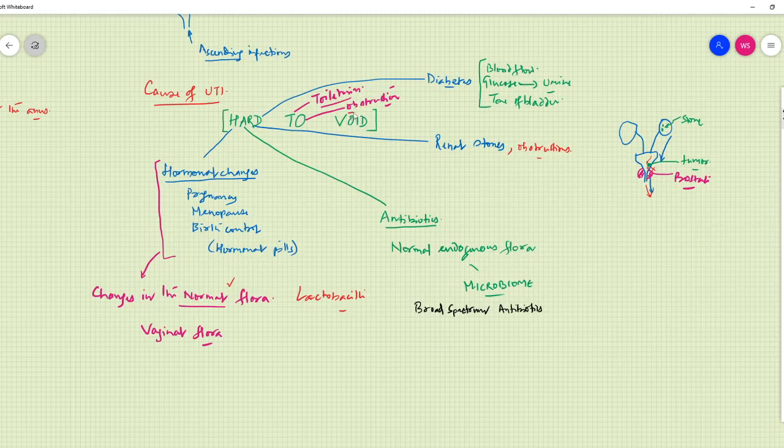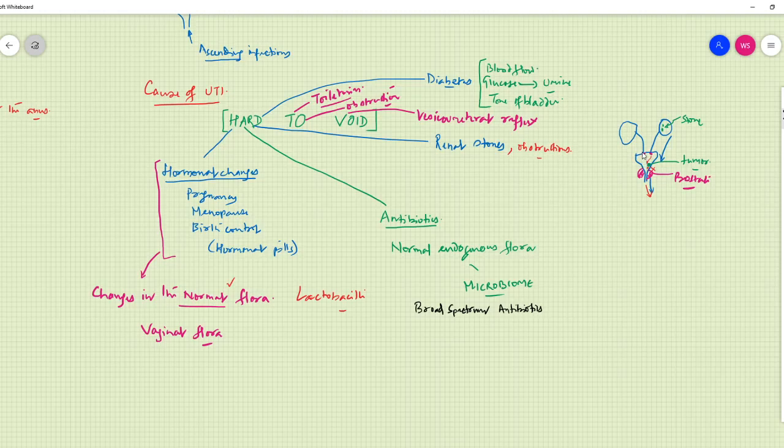Then V is vesico-ureteral reflux. Okay, so when we looked at the anatomy, we said that there is a valve here, the vesico-ureteral valve. Now this valve is actually preventing the urine from going from the bladder into the ureter, and thereby to the kidney. This is a one-way valve.